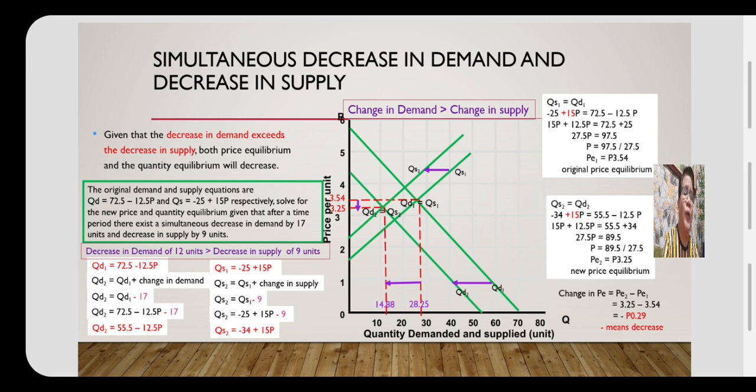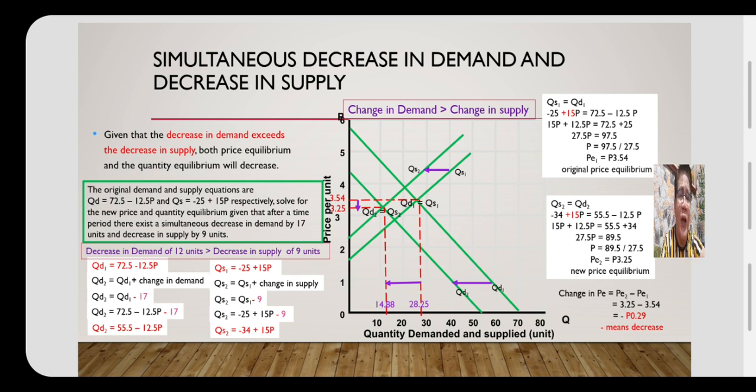So 3.25 minus 3.54 is equal to negative 0.29. Take note of the negative sign. Negative means decrease. So there is a decrease by 29 centavos in the price of these goods and services after a simultaneous change in demand and supply.